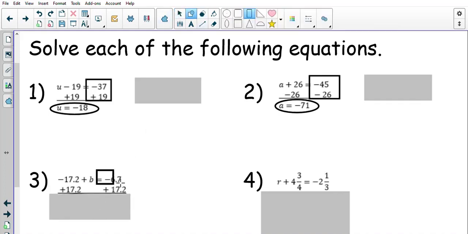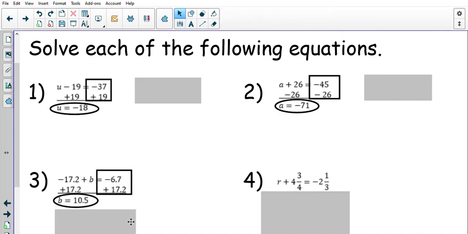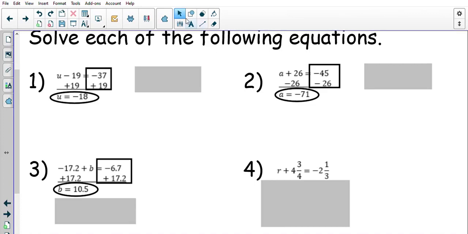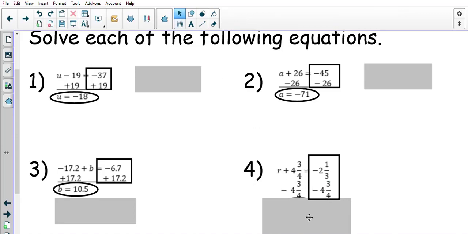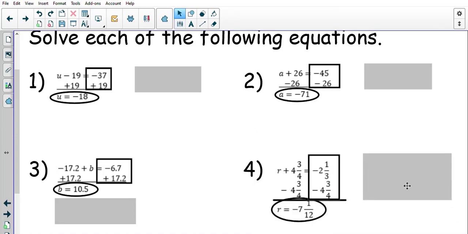In your calculators, you're going to plug in negative 6.7 plus 17.2, and you will get a solution of b equals 10.5. Finally, number 4, we're adding 4 and 3/4, so the inverse of that is to subtract 4 and 3/4. In your calculators, you want to do negative 2 and 1/3 minus 4 and 3/4, and you should get a solution of negative 7 and 1/12.